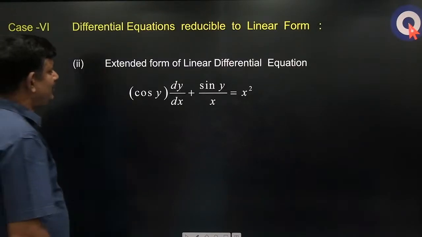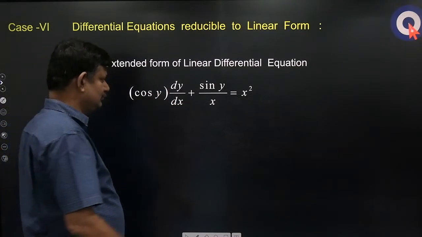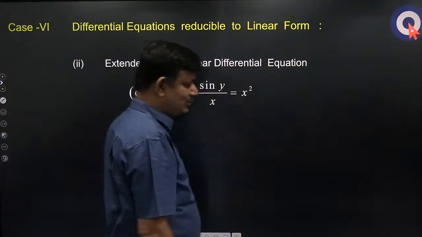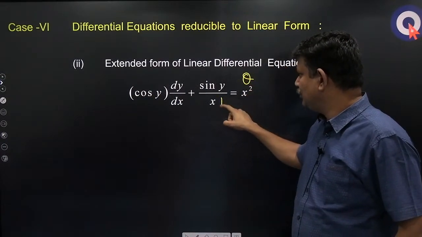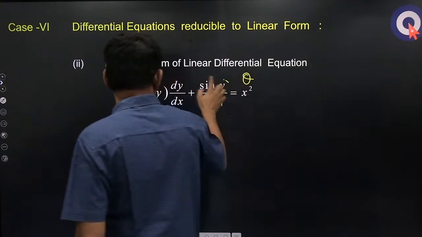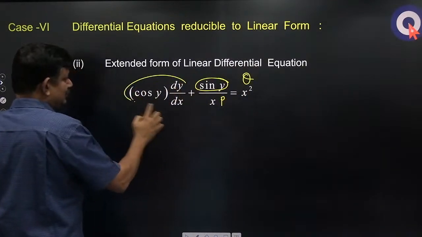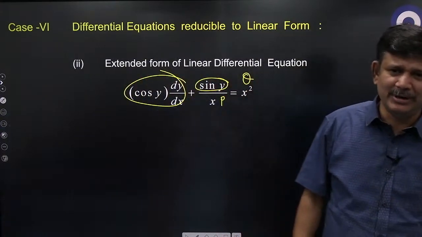Some other types of Bernoulli equations will be of the form dy by dx plus sin y by x is equal to x square. So your q is visible, your p is visible, but in place of y you have sin y, in place of dy by dx it is cos y dy by dx.